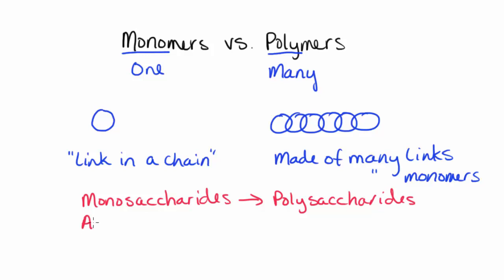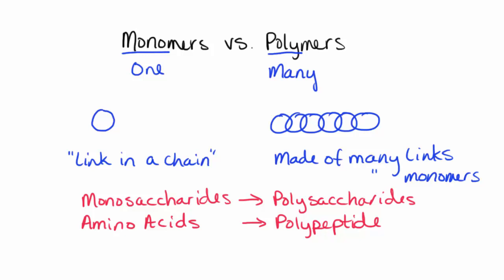Another example is amino acids, which are a type of monomer. And if we put a bunch of them together, we will get a polypeptide. Okay, so monomers, single units, will have different structures depending on which specific monomer we're talking about. So again, examples are monosaccharides and amino acids.